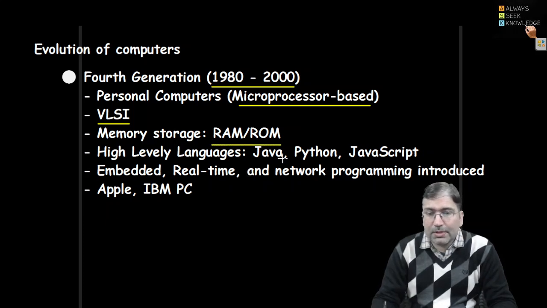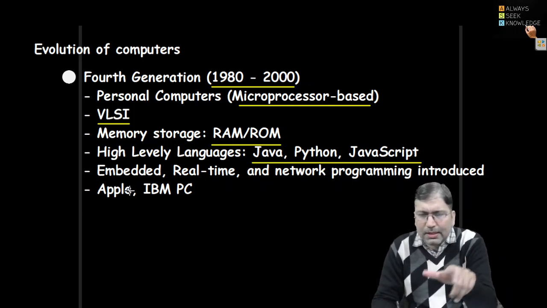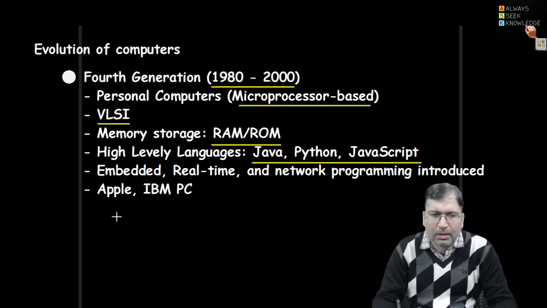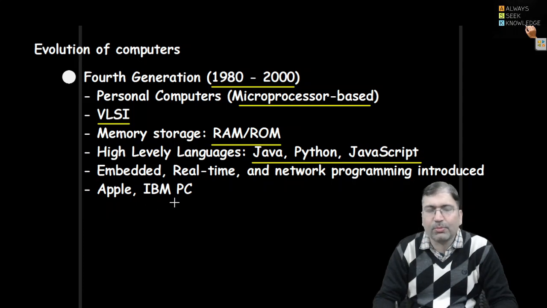And then we started using high level languages like Java, Python and JavaScript. In this era, embedded, real-time and network programming concepts were introduced. There are many examples in this generation, like microprocessor based Apple computers and IBM computers, which were designed in that era.